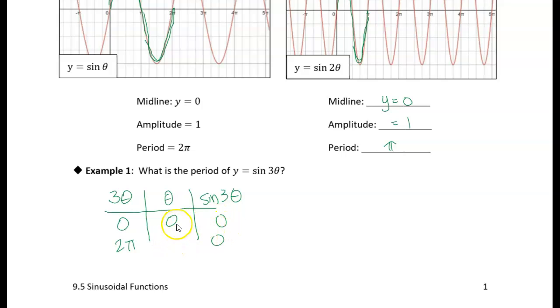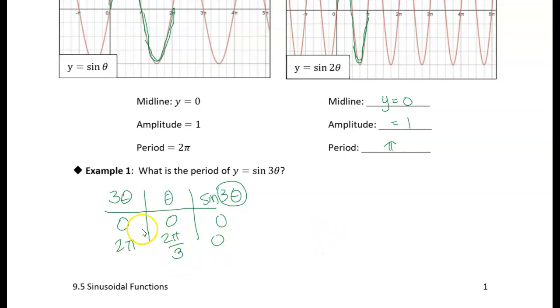Okay, but if I need 3 theta to be 2 pi, right, then theta only has to be 2 pi over 3. Okay, right? So when theta is 2 pi over 3, I multiply times 3, and then 3 theta is 2 pi, and that is my input, right? That's my input to the sine function, is the 3 theta. Okay, so it takes now a third as much theta to achieve the same output.